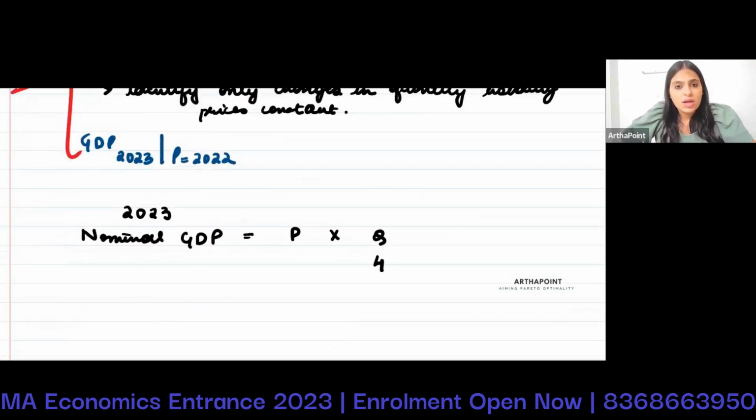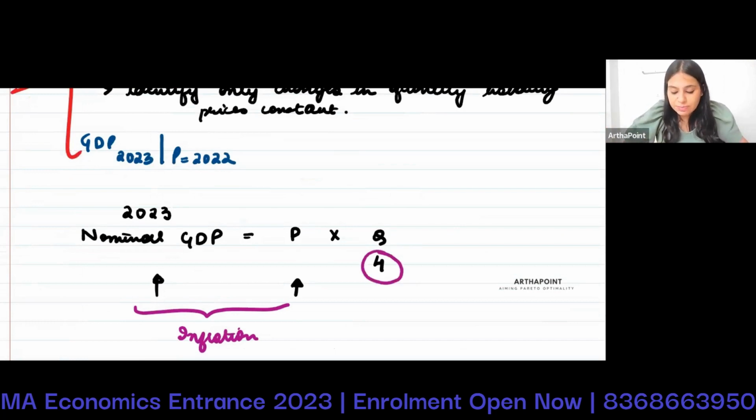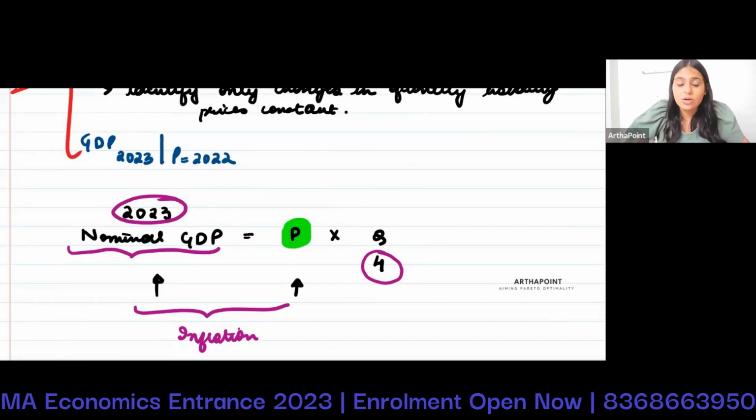Then also, I notice that there is increase in my GDP. This means that there would have been an inflation in my economy because I am producing the same output and yet my GDP of the next year is increasing. This clearly indicates an increase in price and not an increase in the output.